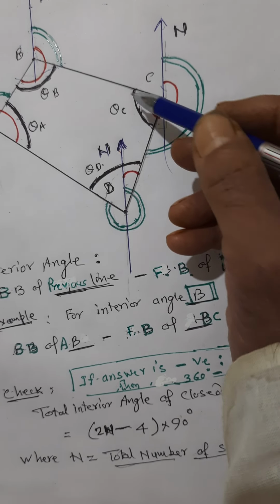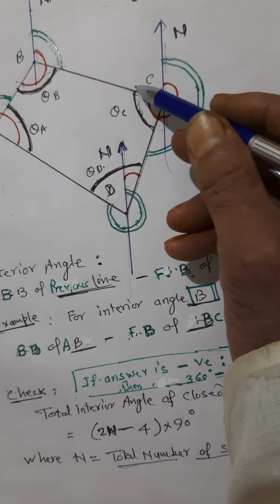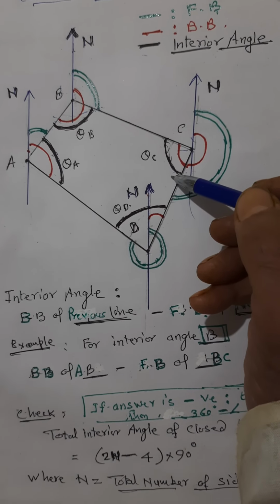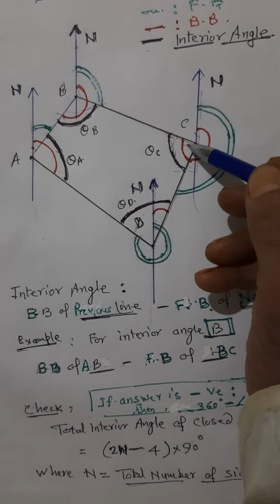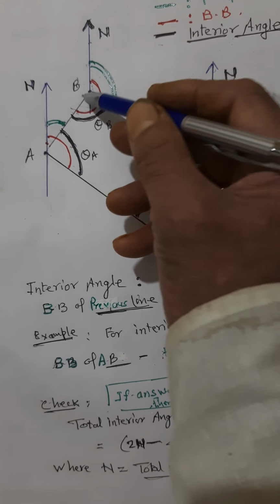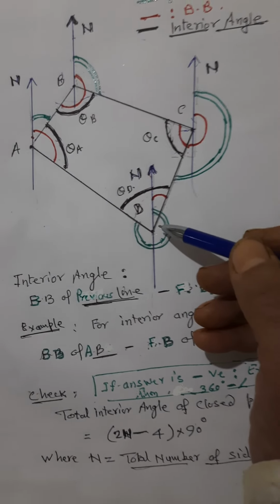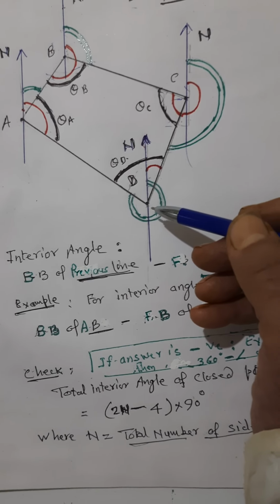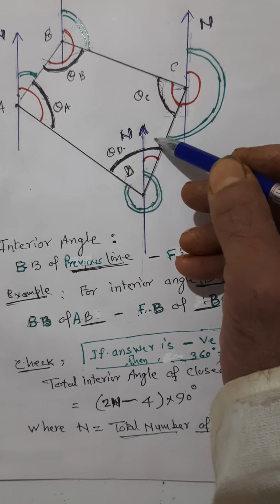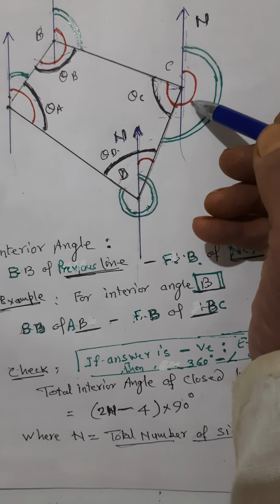If now I want to calculate angle C, we have to see the backsight of this and the foresight for this. This is the foresight and this is the backsight.